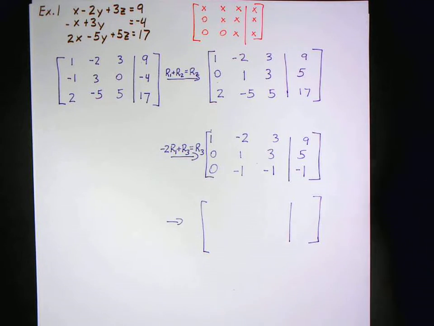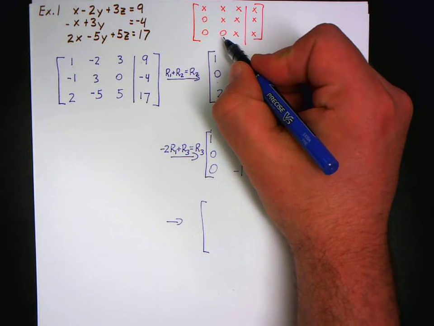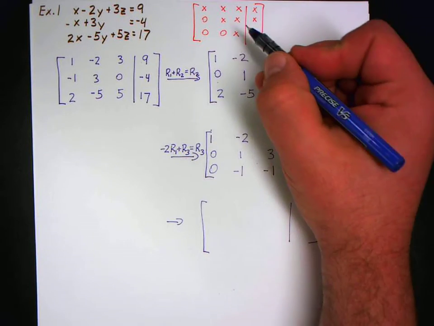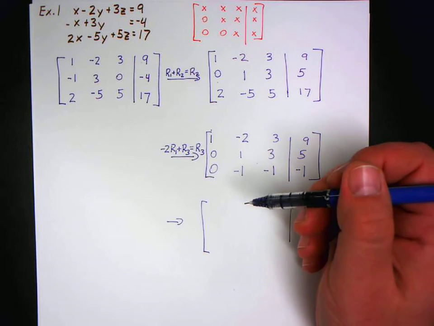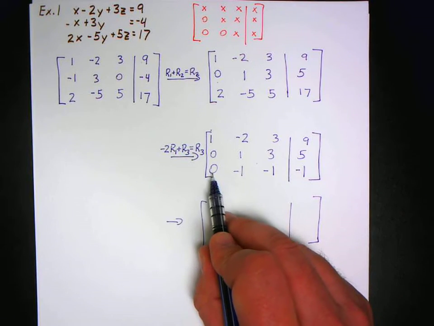Now we have one more step to do because we still need a 0 right here. Now, I do not want to use the top row again. Why do I not want to use the top row? Now, if I use the top row, that's going to put a 1 back in this spot.